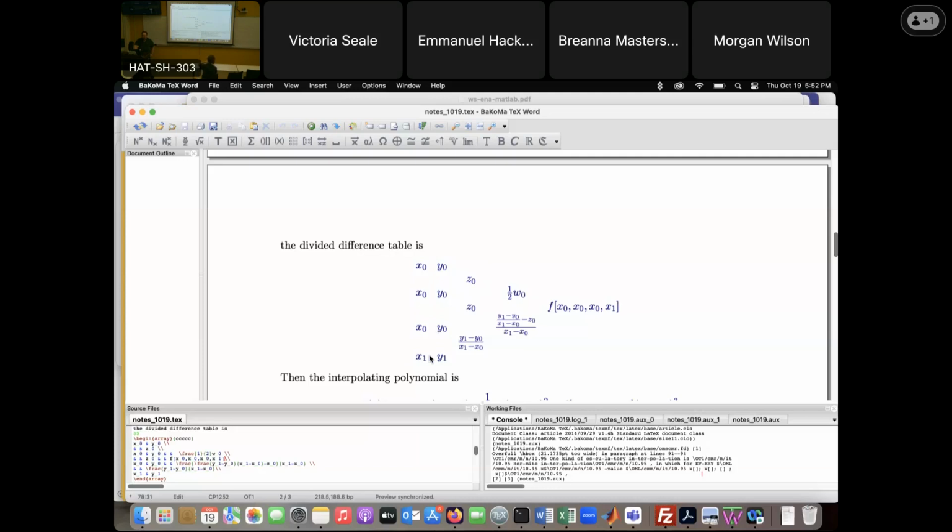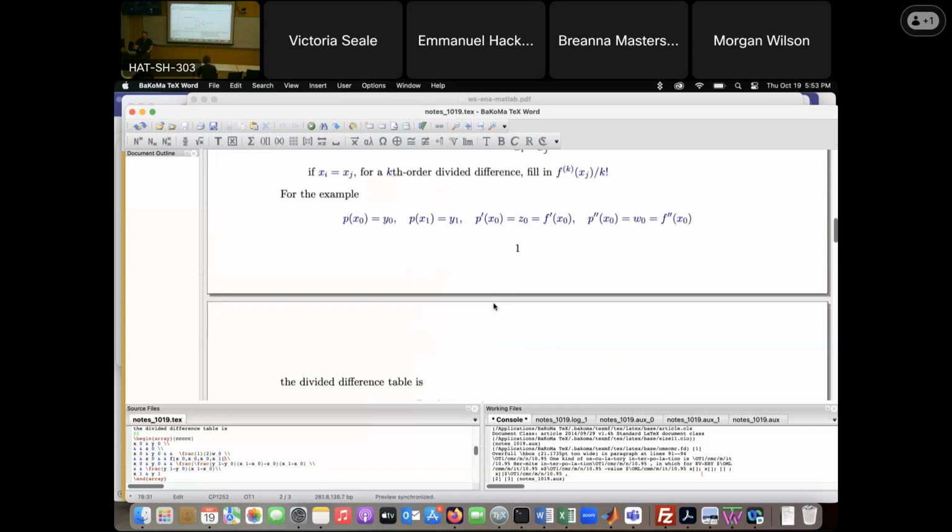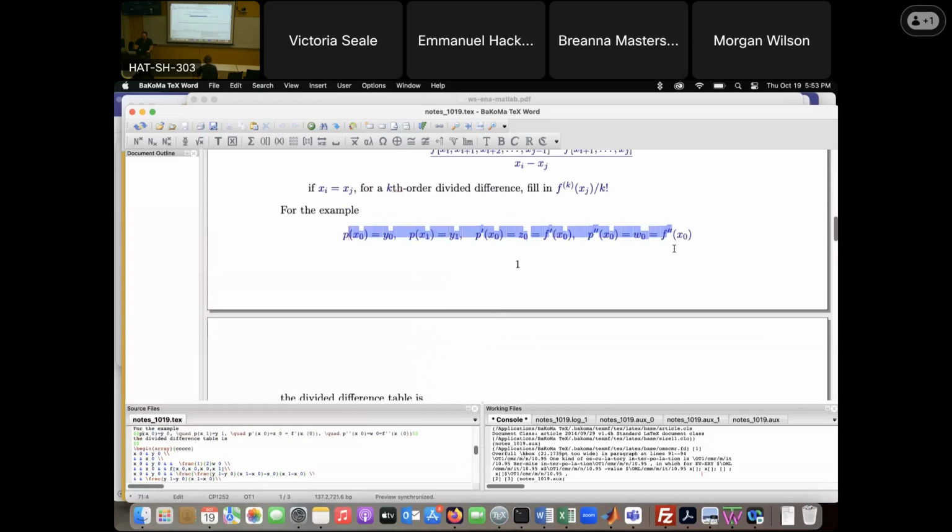Yes, because we have this x value listed 3 times, the corresponding y value is also listed 3 times. The only time you would have that is if the conditions for your interpolant involve matching a y value, a y prime value, and a y double prime value at that point.